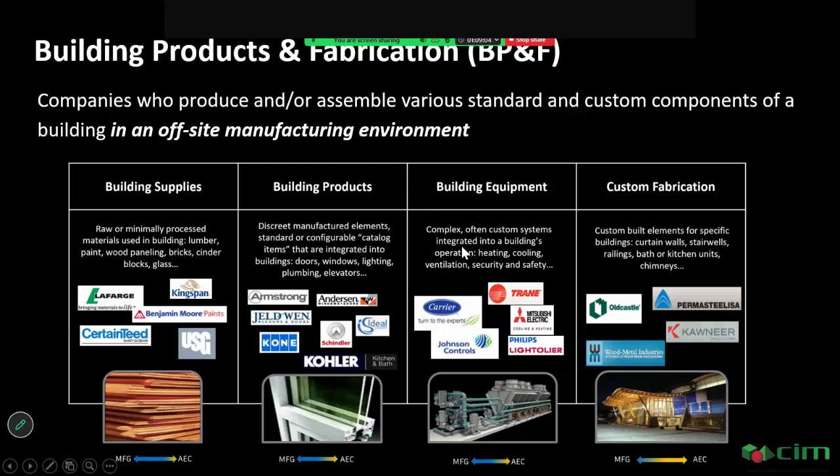You're able to enlarge the building operation, because this involves process na. Heating, cooling, ventilation, yung MEP, security and safety and so on. And until this is more talagang customized na, everything is built custom made. Mga curtain walls, and then stairwells and mga railings.